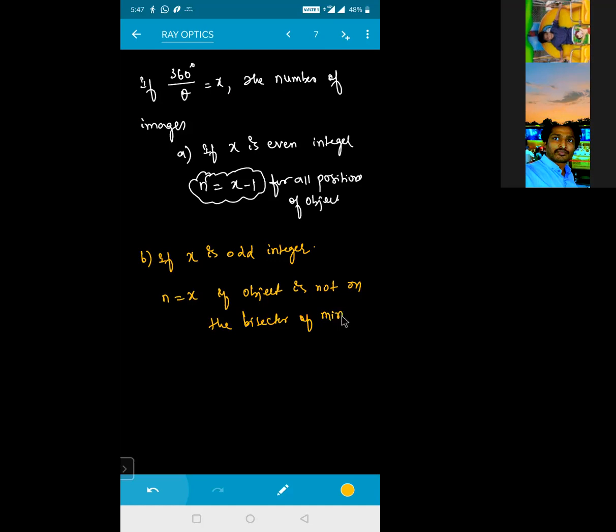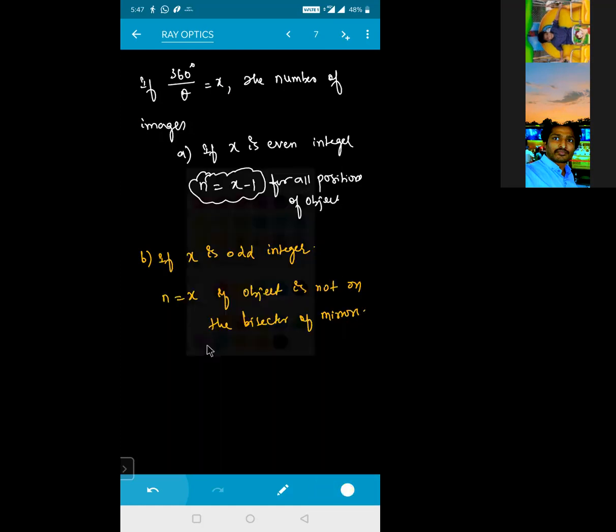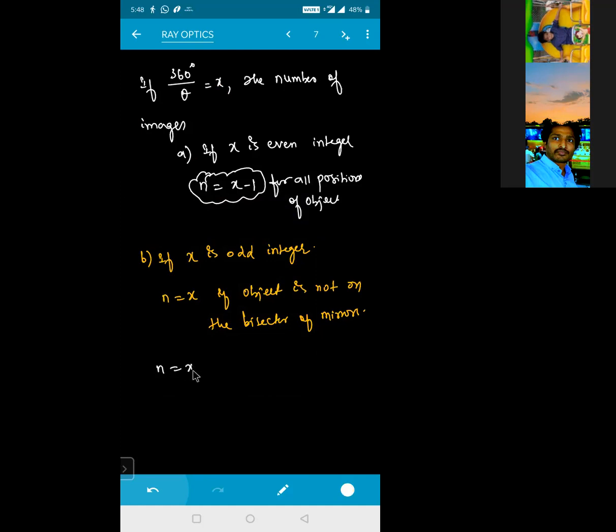What do you mean by that? Exactly at the center. Now n will be equal to x minus 1. If x is an odd integer and the object is not on the bisector, then n will be equal to how much? Directly x.